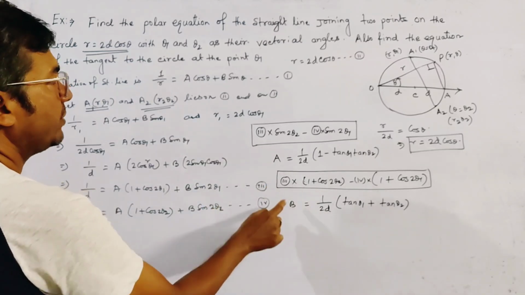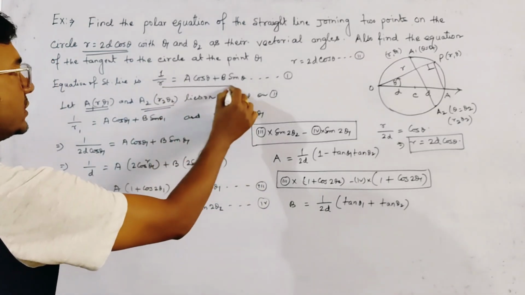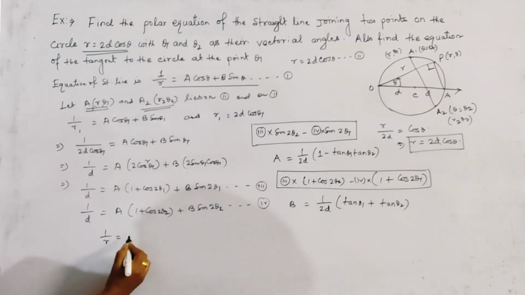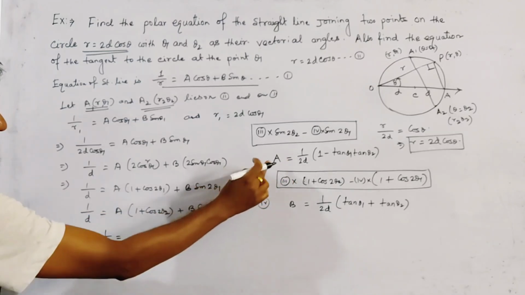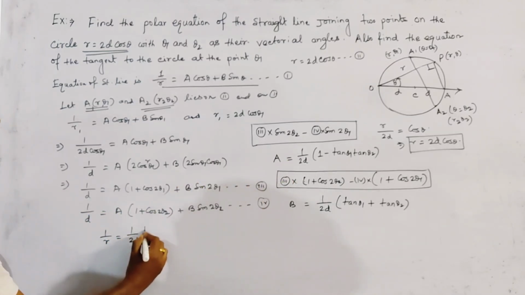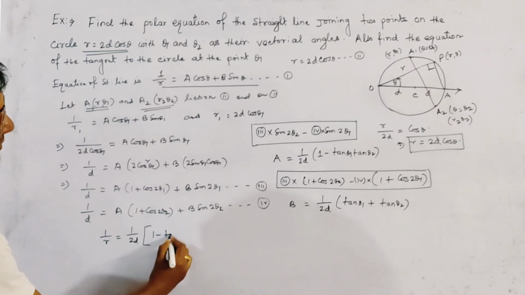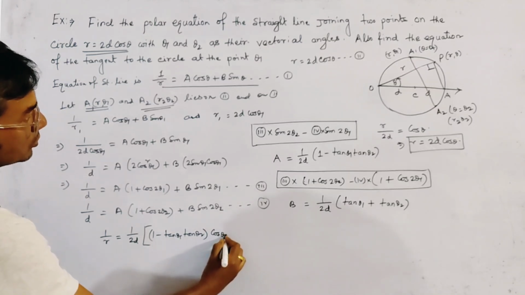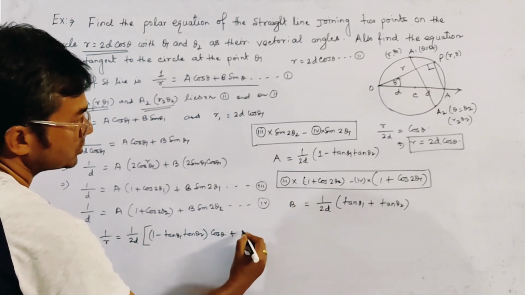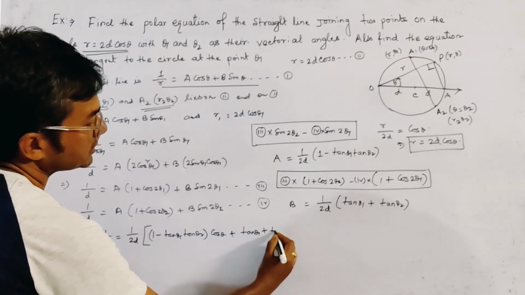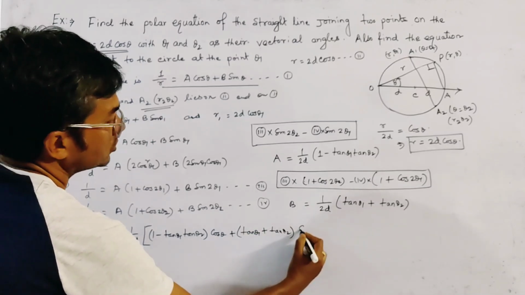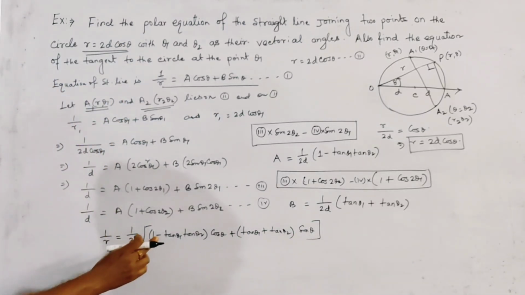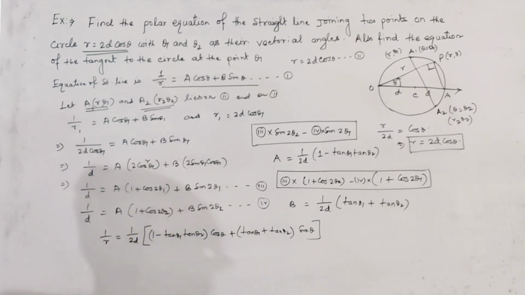Now we put the values of A and B in relation number 1 to get the equation of the straight line: 1 by r = 1 by 2d [(1 minus tan theta 1 tan theta 2) cos theta + (tan theta 1 plus tan theta 2) sin theta].